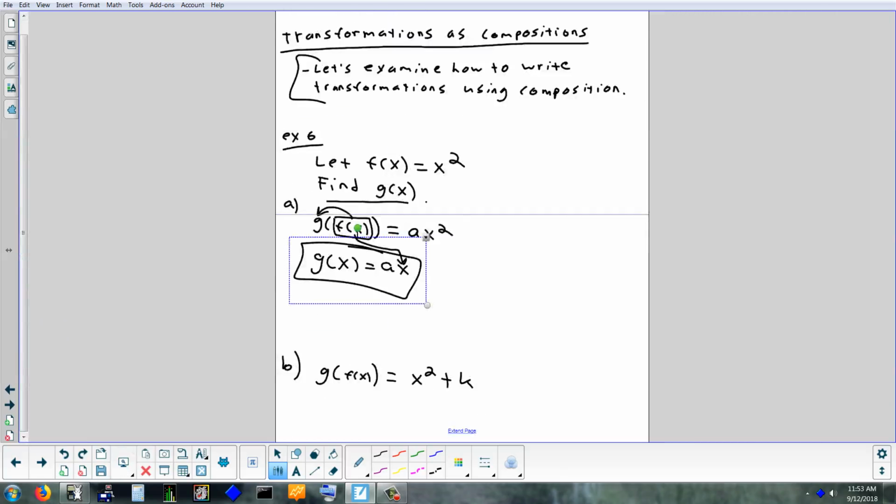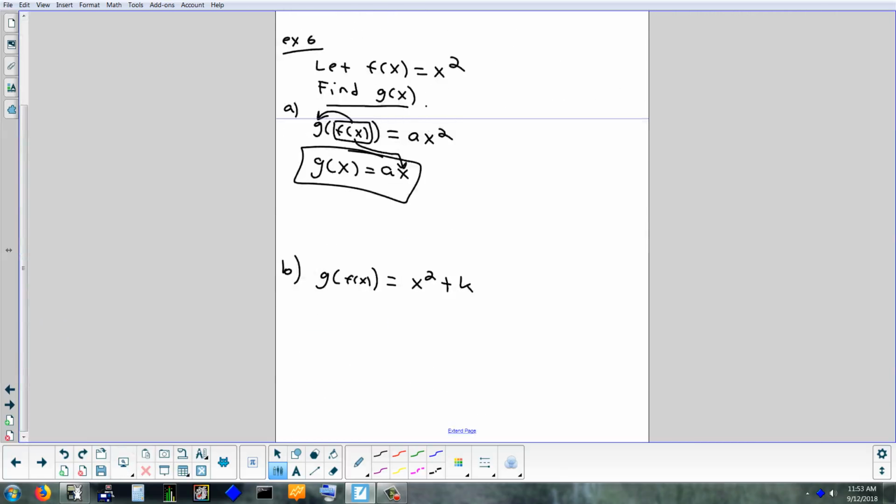It says g of f of x equals x squared plus k. f of x here is the same as it was up above. So f of x is still x squared. Does anybody see what g of x would be this time? Yeah?